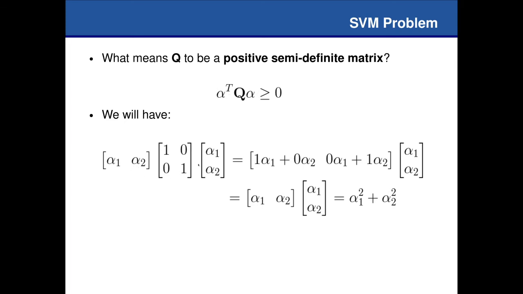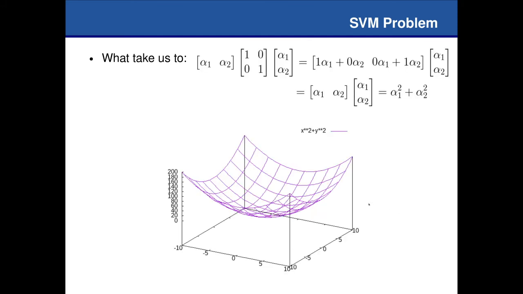When I multiply this vector by this matrix, the result is here. And then I multiply this by the vector itself. I will have alpha 1 squared plus alpha 2 squared. That will produce a convex function, as you can notice.